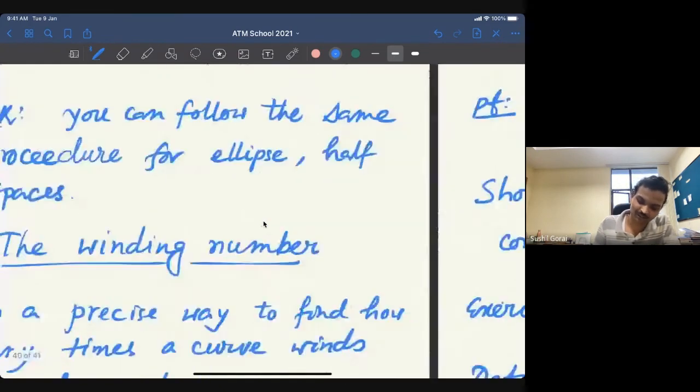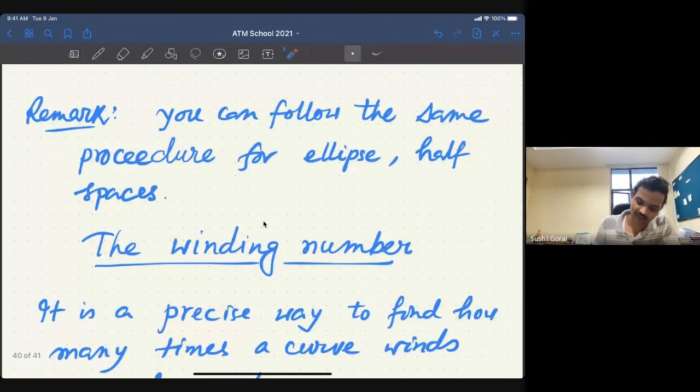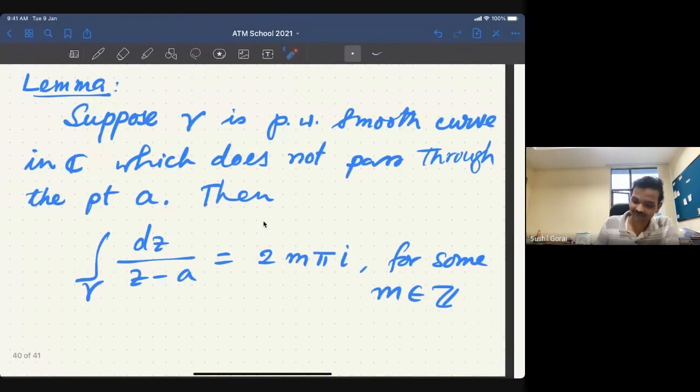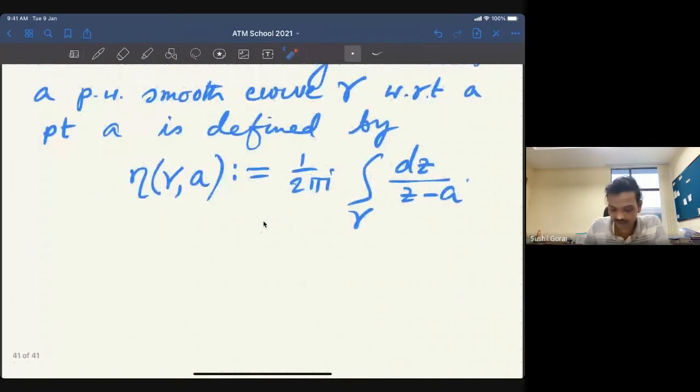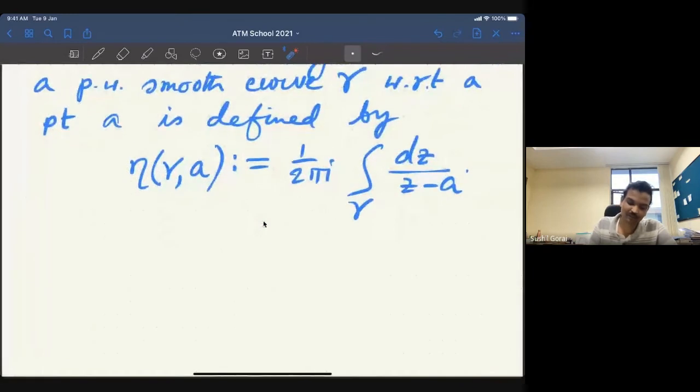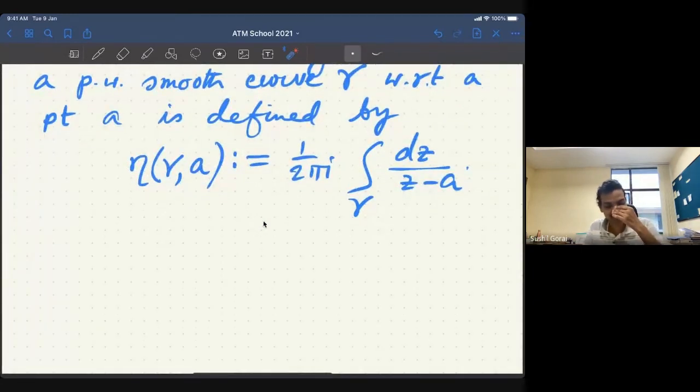So that's what I was pointing out, that we need to define this in terms of this integral. All right. So this is winding number, and the previous lemma says that it is always an integer.